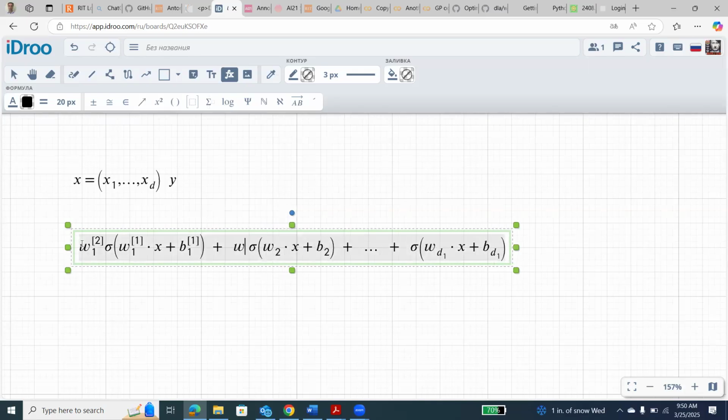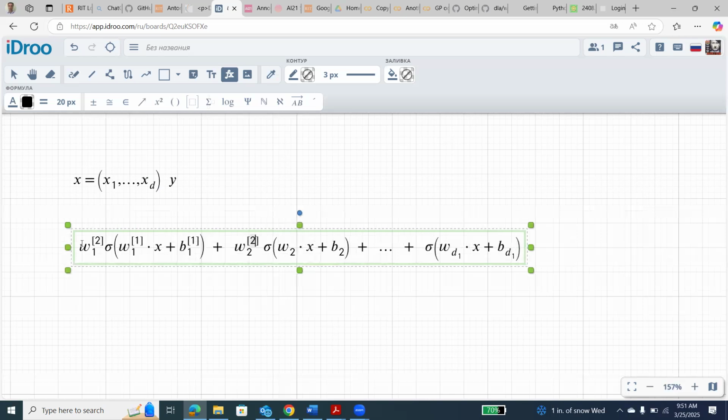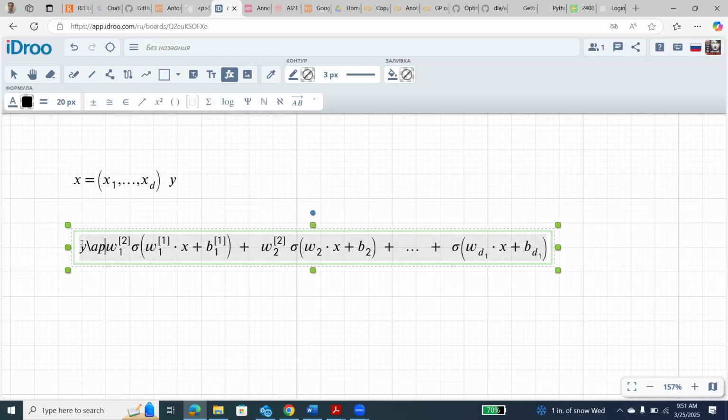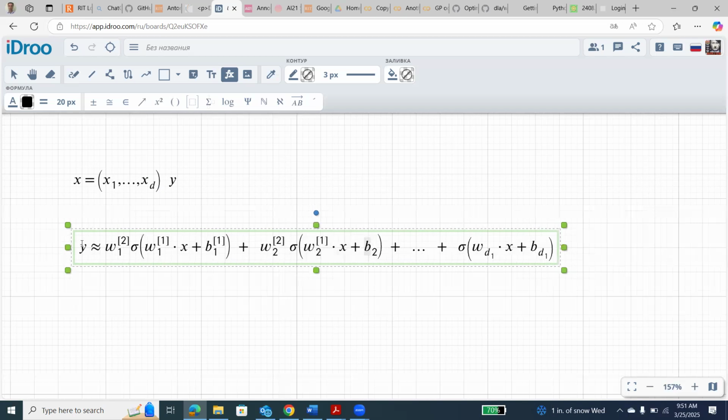So I will take a linear combination of these sigmoid functions. So I want to approximate my target y with this linear combination of sigmoid functions, where every sigmoid function is calculated from a linear combination of my features.